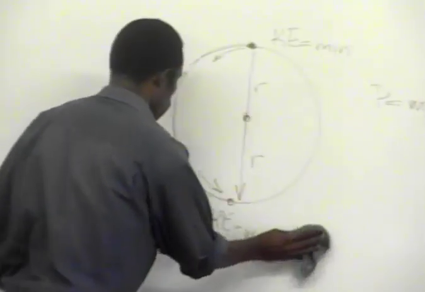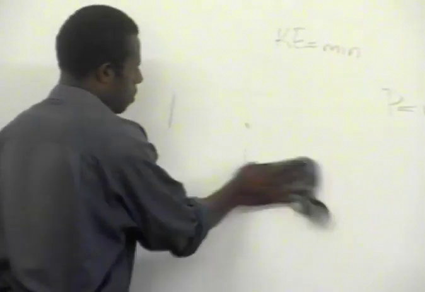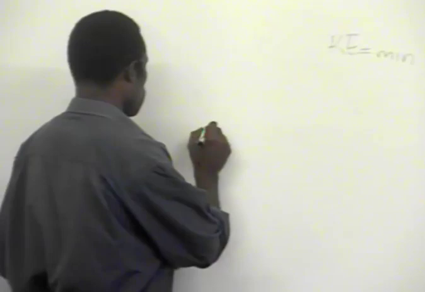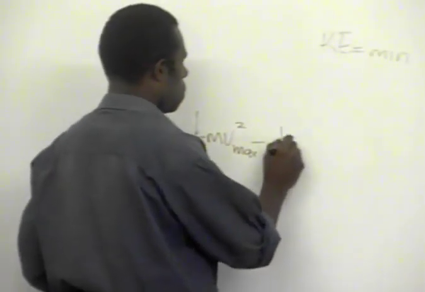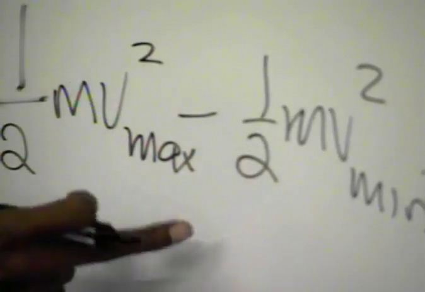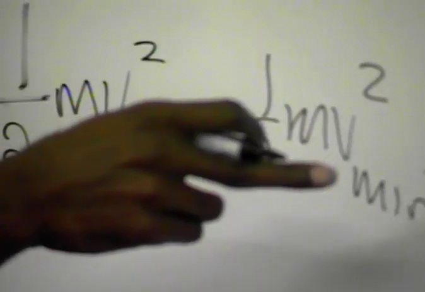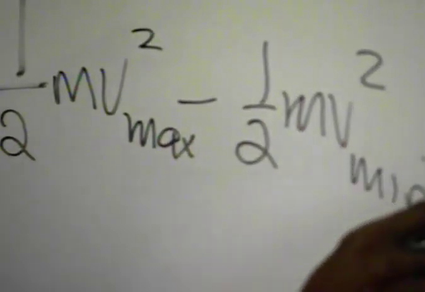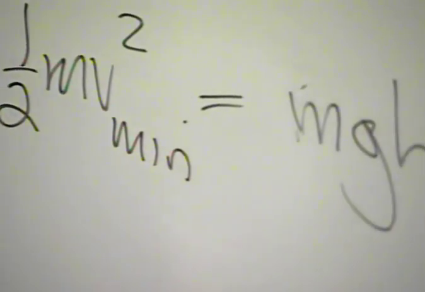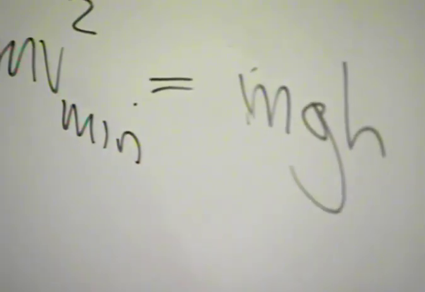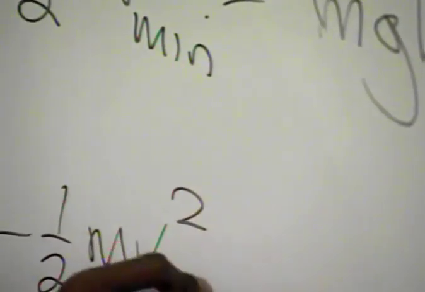All right, I will give you one clue to solve that question. The loss in kinetic energy will be equal to the gain in potential energy. So what is it? mgh.